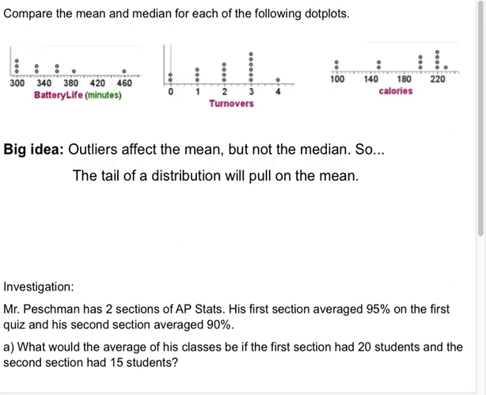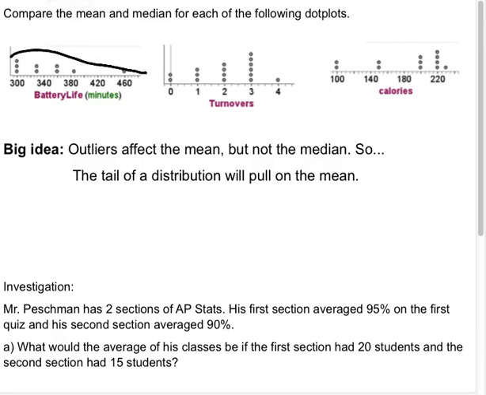Okay, so the big idea here is outliers do affect the mean, but not the median. What that means is the tail of a distribution is going to pull on the mean, but it's not really going to pull very hard on the median. So if I want to make comparisons here, I see that I have a tail kind of like that.